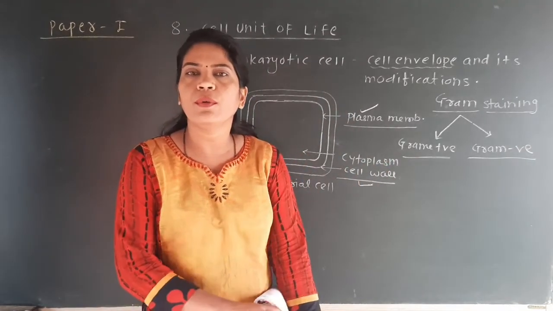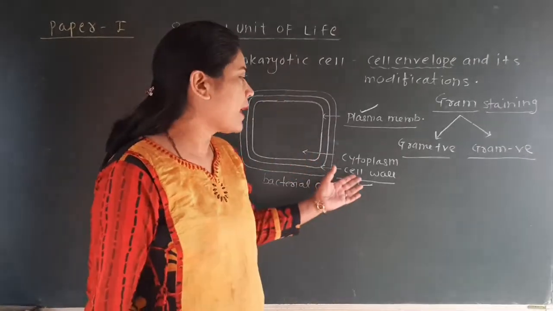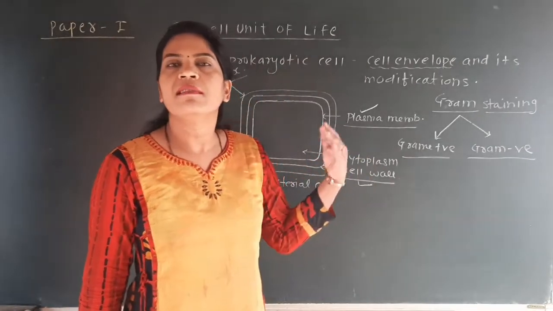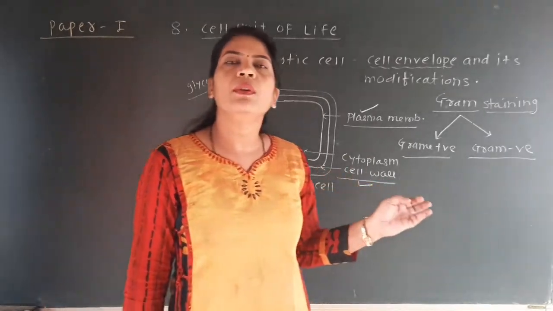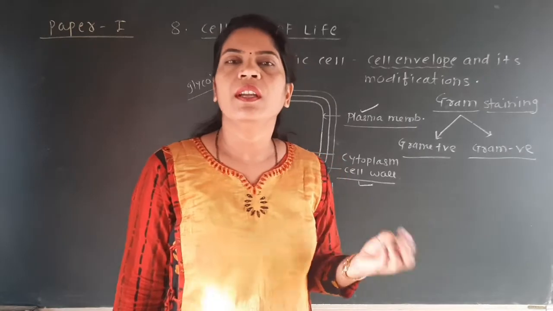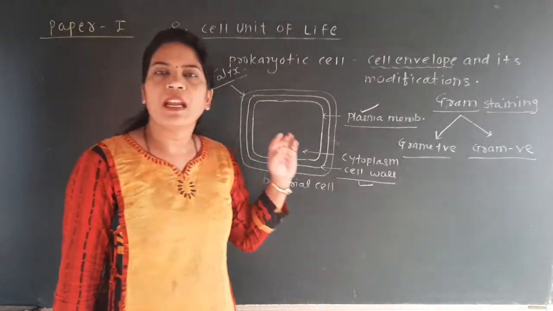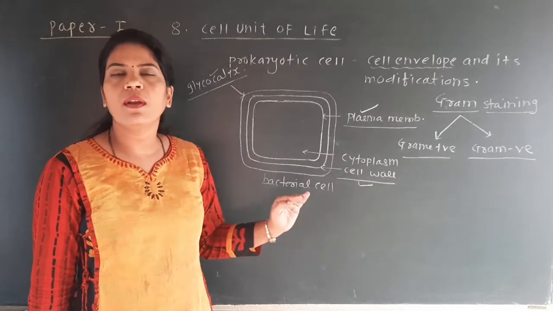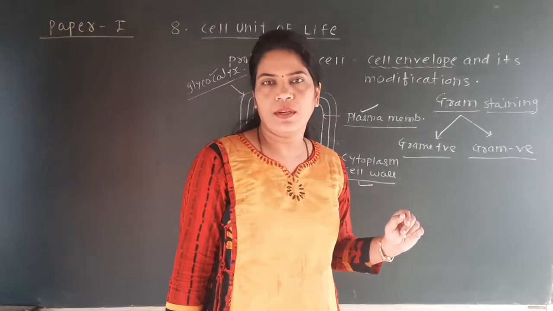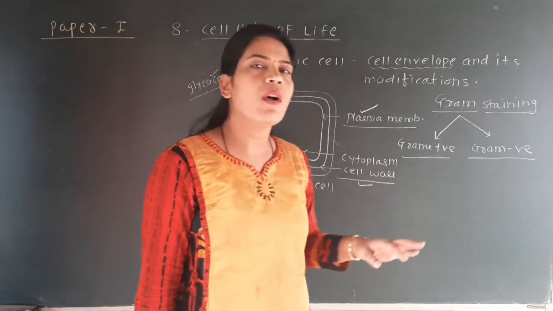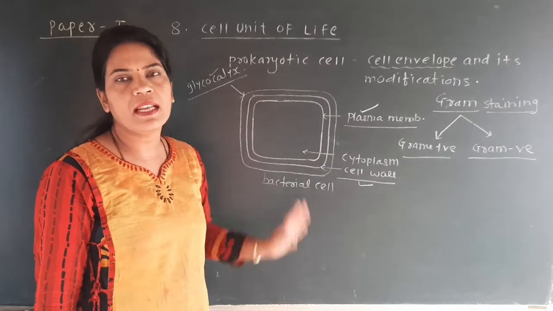The plasma membrane has a different function, the cell wall has a different function, the glycocalyx has a different function, but all together they act as a protective unit. That means the main function of all this cell envelope is to give protection to this bacterial cell.